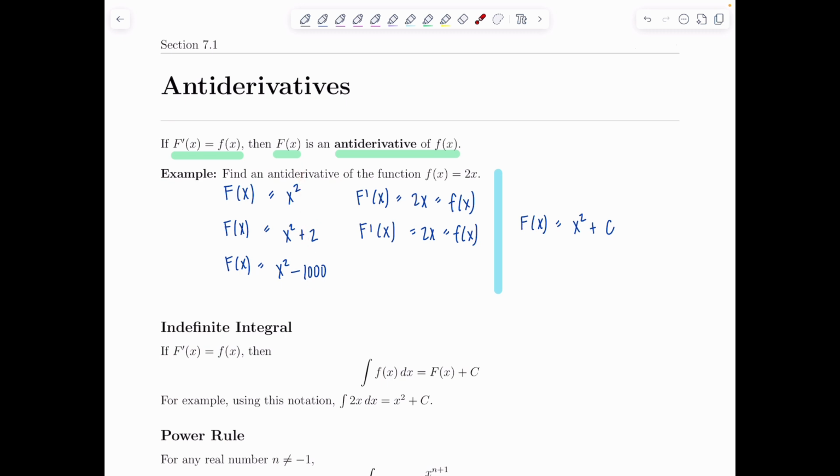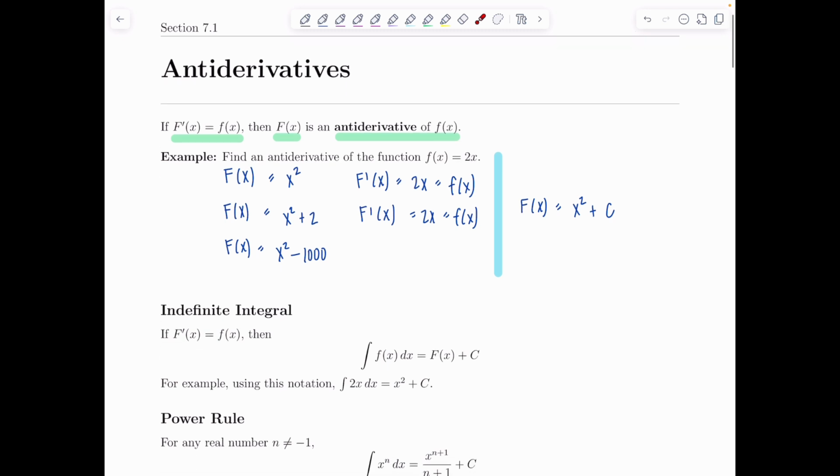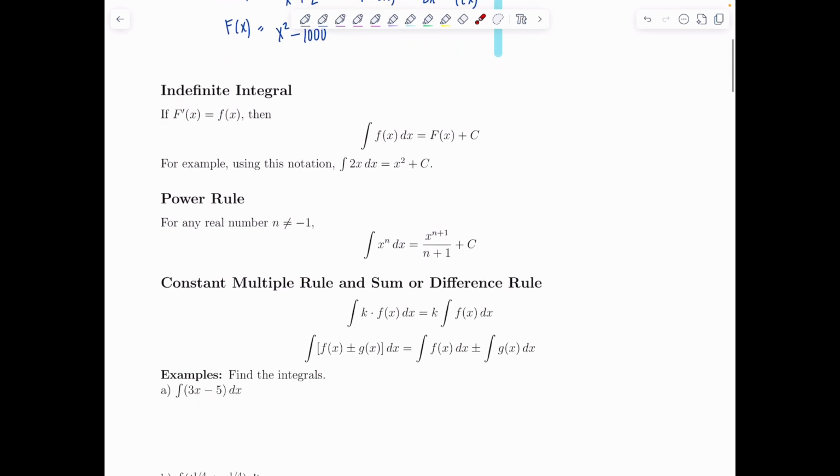Okay, good. So first we're going to focus on the indefinite integral. And basically it signals us, hey, find the antiderivative of this given function. So again, using the same definition, if capital F prime of x equals lowercase f of x, then here's your clue, go find the antiderivative.